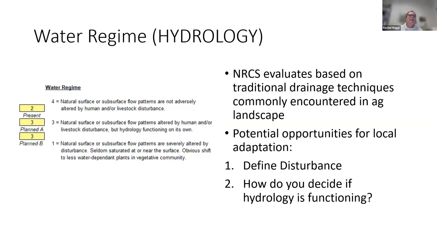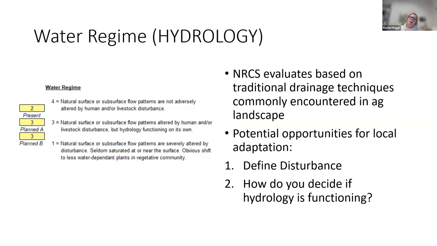But you can see quickly that these terms are not defined. Looking at a score of 3 in your wetland, that's a situation where the natural surface or subsurface flow patterns have been altered by some of those things I just mentioned, but the hydrology is still functioning on its own. Well, that leaves us open for a lot of interpretation.